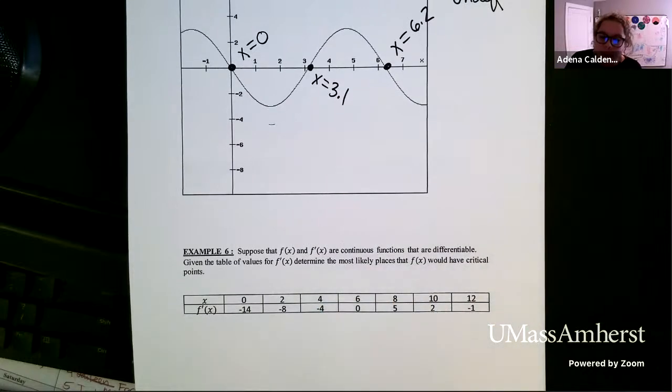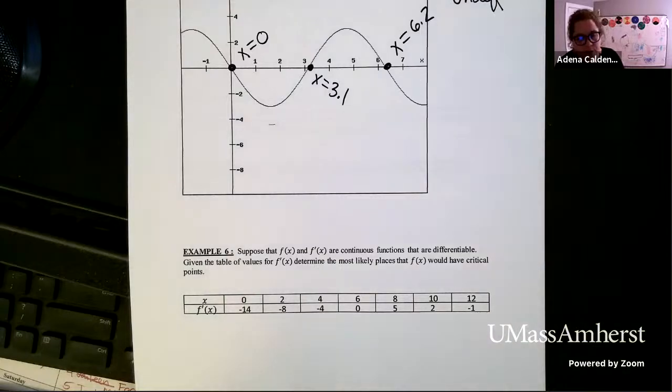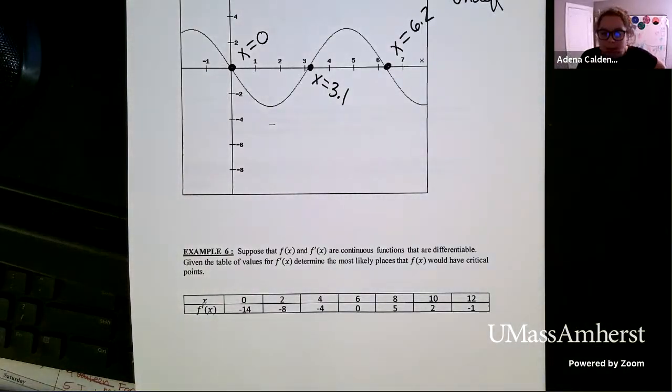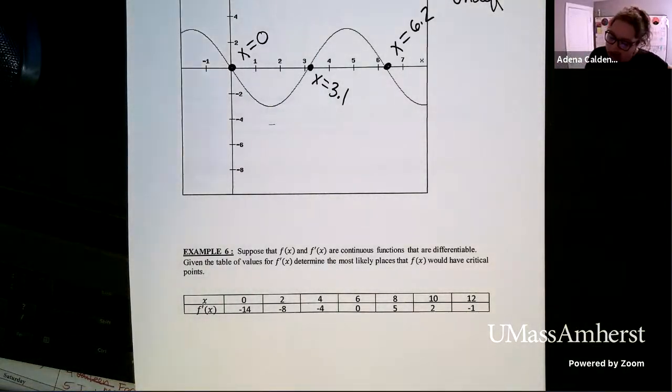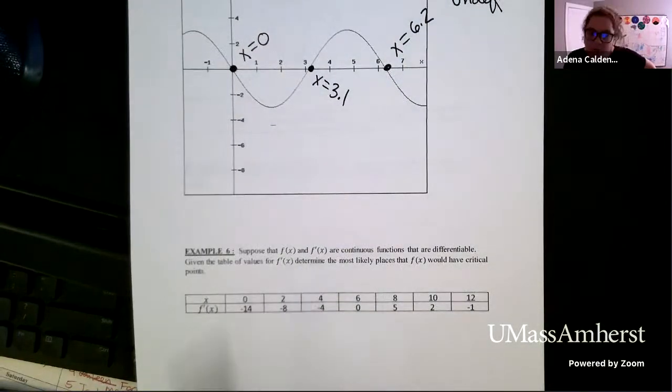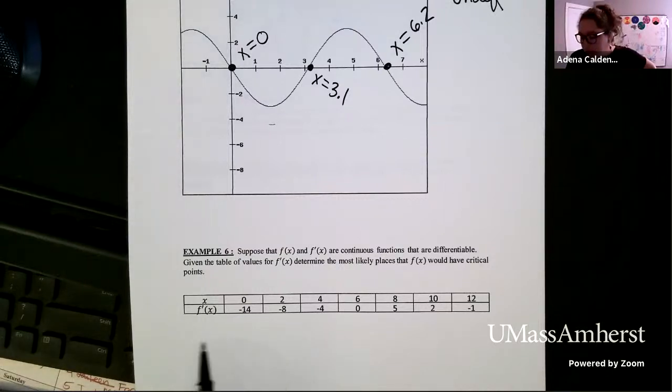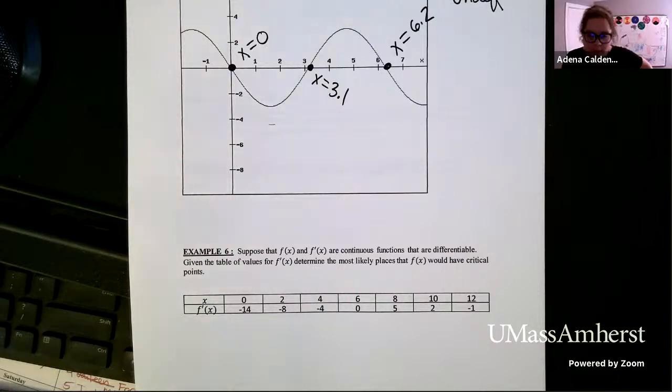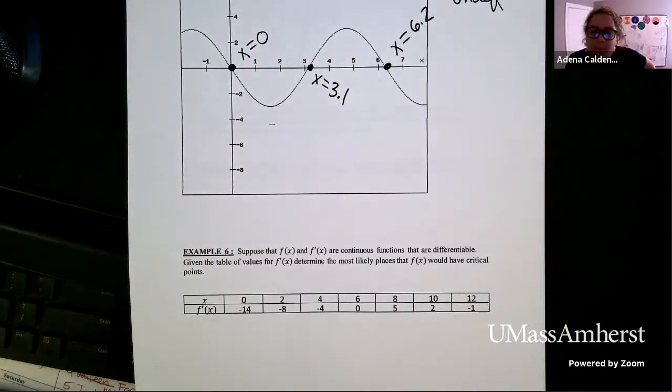Similarly, suppose that we have a table, and the table gives us some values of the first derivative. We want to use that to think about where the critical points of the original function are going to be. We also know that the original function and the derivative are continuous, which means that they are going to keep going between these points. There's nothing super crazy happening between them.